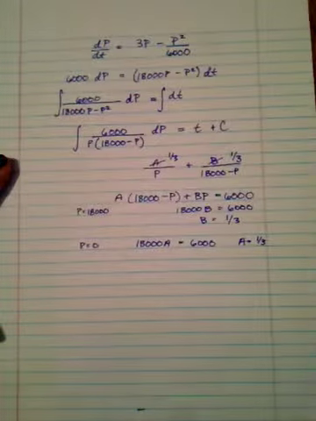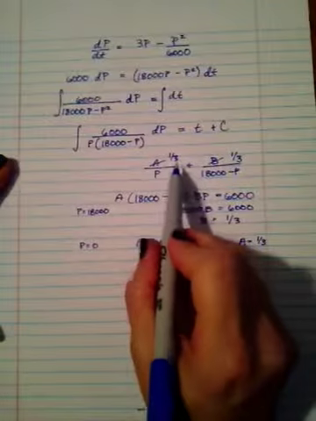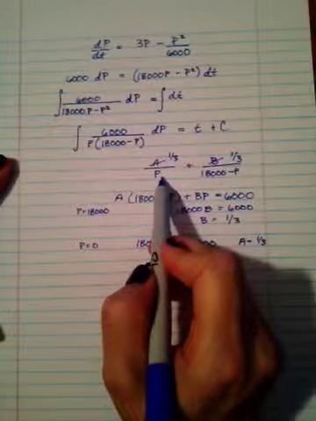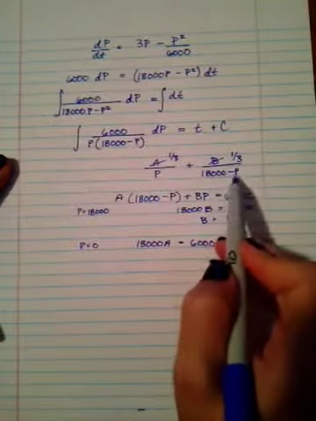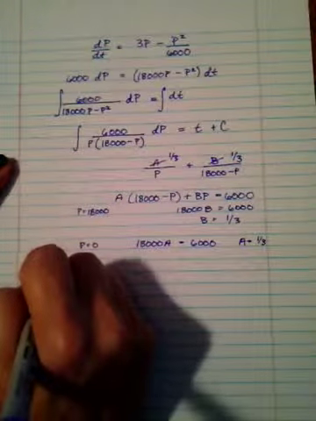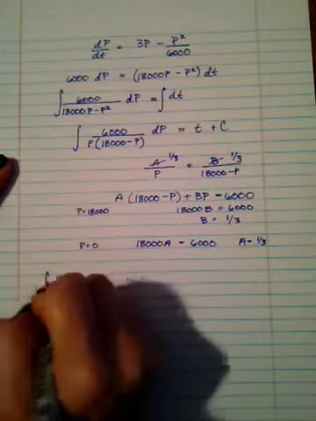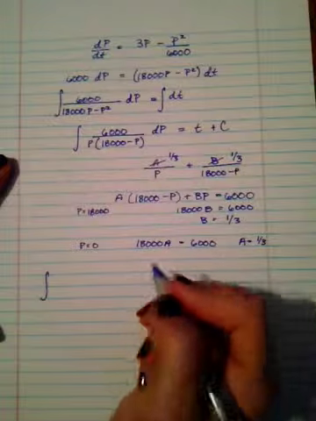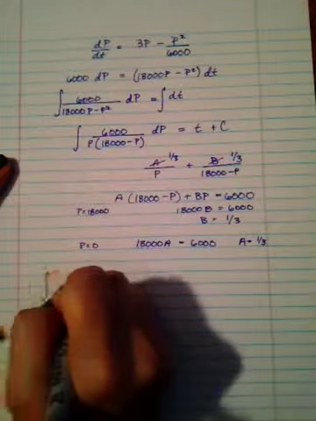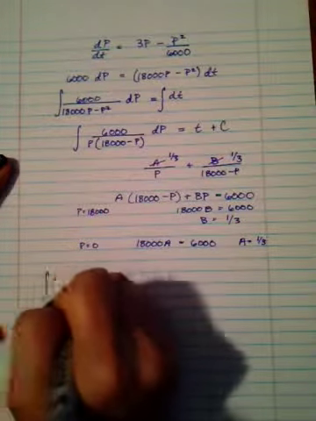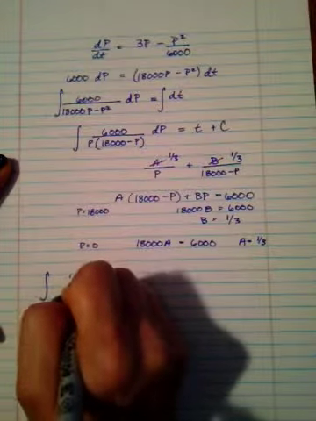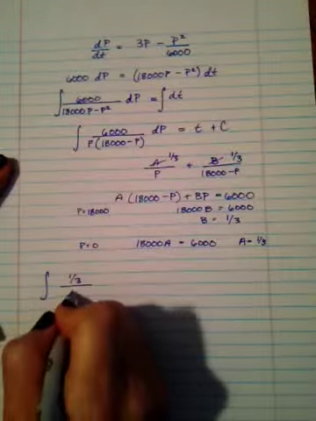So now I know that I'm actually integrating 1/3 over my population and 1/3 over 18,000 minus my population, so it looks like this. I can pull the 1/3 out, leave it in the numerator, whatever I want to do. Actually, I'll leave it on top just because it looks like other problems that we've done.